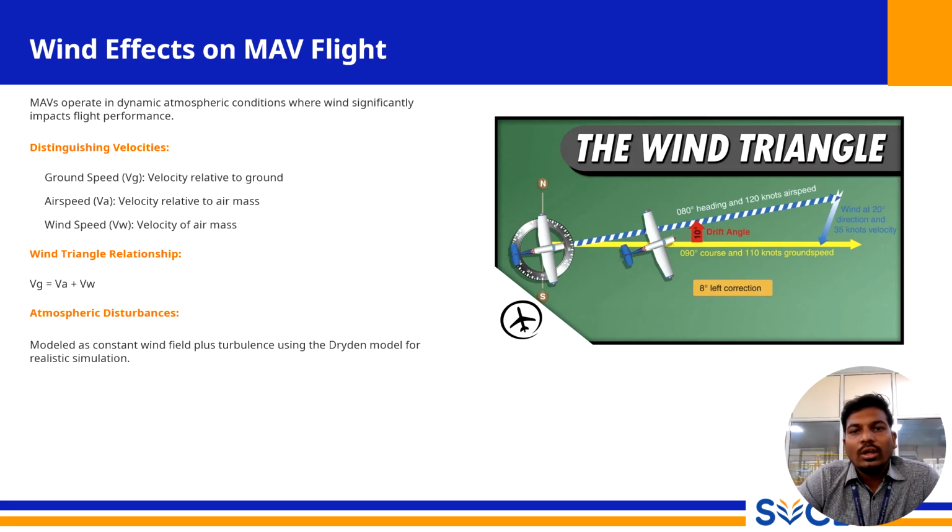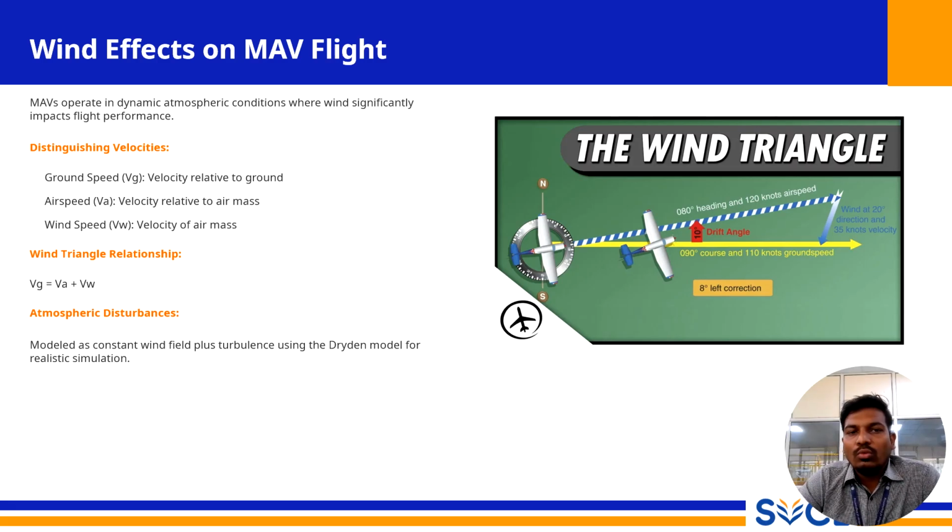This is the speed that the drone's aerodynamic surfaces feel, and it is what determines lift and drag. The third is the wind speed, Vw, which is the velocity of the air mass relative to the ground. These three velocities are linked by the wind triangle relationship, which is simply vector addition.